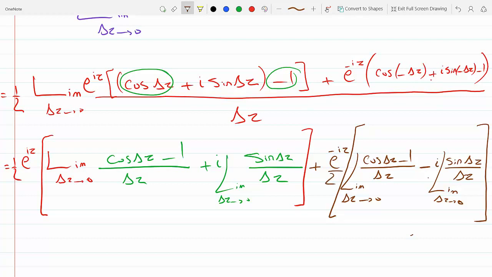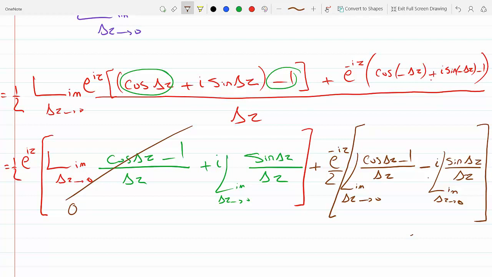Okay, now this is 0. If you want to be fancy on this one, you could say, if I plug in 0 for delta z, I get 1 minus 1 over 0, 0 over 0, use L'Hopital's rule, take the derivative of cosine, becomes minus sine, right? The bottom is just 1, so you get minus sine 0, which is 0.